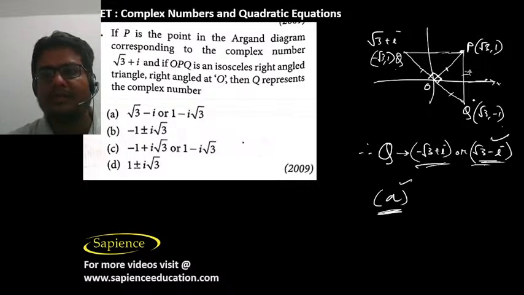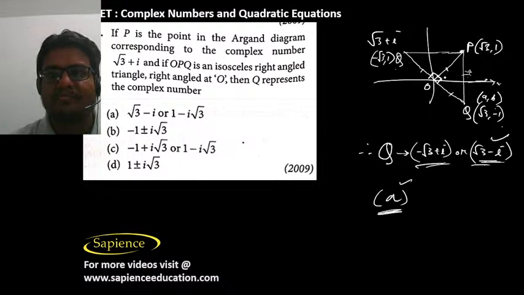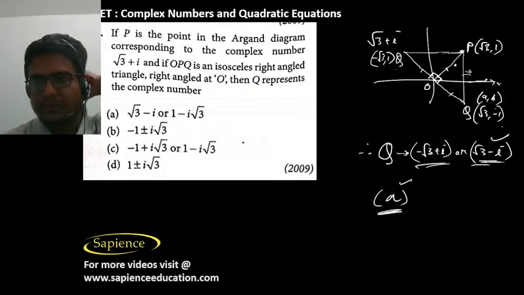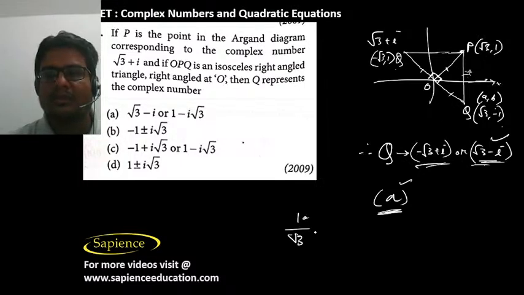So here if I suppose that the point Q is A comma B, then the slope of OP into slope of OQ should be equal to -1. Means that 1 by root 3, this is the slope of OP.